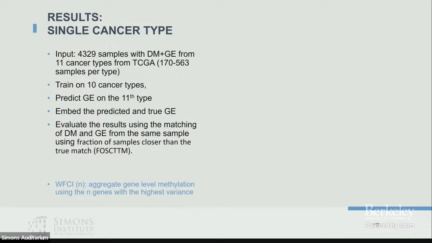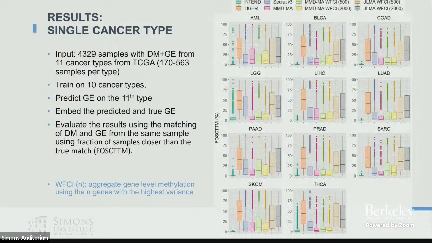And to evaluate the results, since we know the matching of the patients from the DNA methylation and the gene expression, we can look at the closeness of the points representing the DNA methylation and the gene expression in the embedding. And the measure that is used in the literature for this is called the fraction of samples closer than the true match in the embedded space. And of course, the smaller this fraction, the better the results.